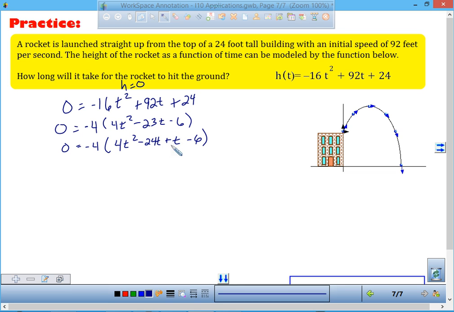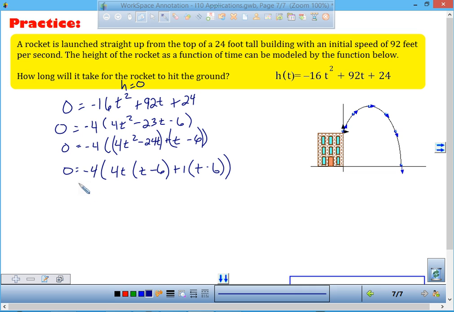Negative 24 plus 1 is negative 23. Now I factor by grouping, so I have this group and this group. Find GCF of each, so I have negative 4. GCF for the first group is going to be 4t. And then what is left, I have t minus 6. GCF for the second group is 1. So then what I have left is t minus 6.